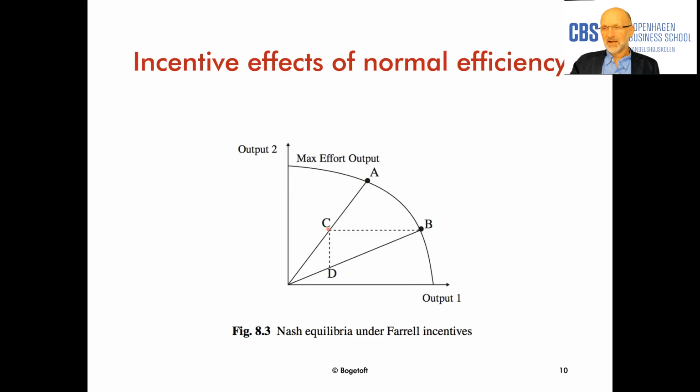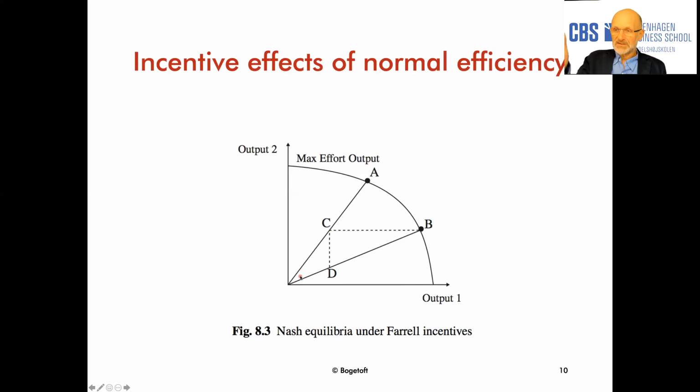And assume that A went down to C. Now what could B do? Well, he gets an efficiency score of 1 here, but what if he moved from B to D? Well, he would now also get an efficiency score of 1. So he would move down to D, but once he has moved down to D, then actually C would move down to a level here, and so on.